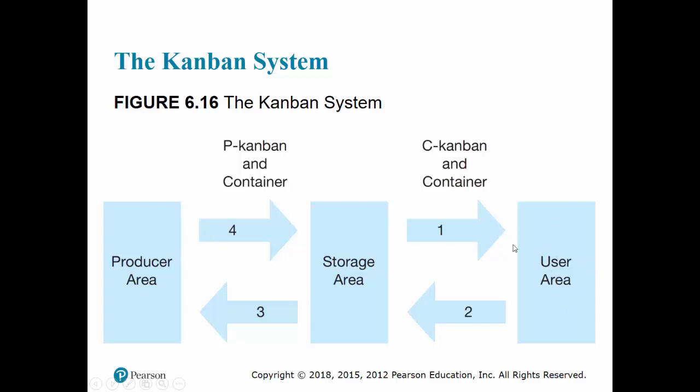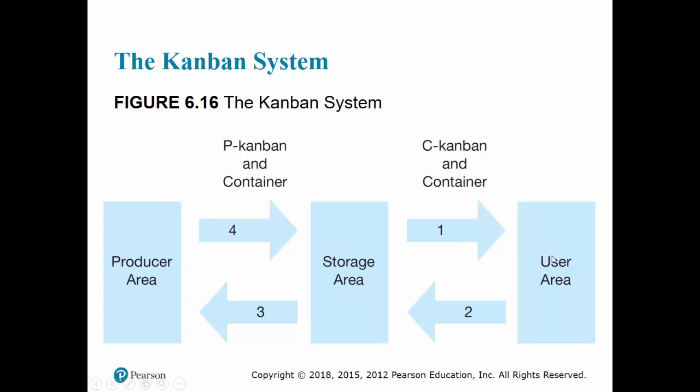So this is just one link in a chain. Here there is a filled container, say full of parts, and the user needs these parts. There is a C Kanban attached to that container, so the user will take the Kanban and the container, bring it here, and start using it.